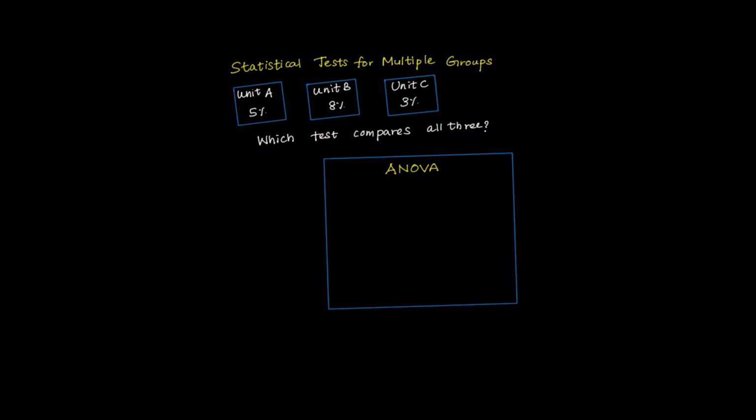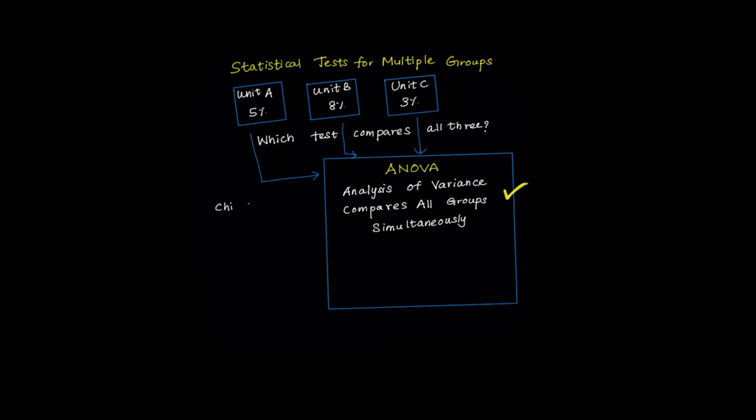Think of it like a referee comparing the performance of multiple teams simultaneously, rather than doing one-on-one comparisons. ANOVA looks at the variation within each group and the variation between groups to determine if the differences are statistically significant. The beauty of ANOVA is that it does this all-in-one analysis, which is much more efficient and statistically sound than running multiple, separate tests.